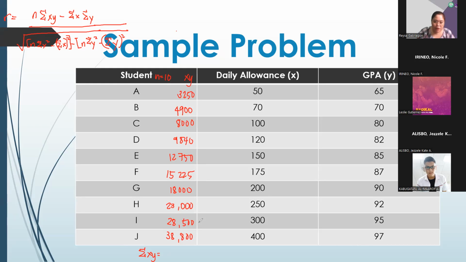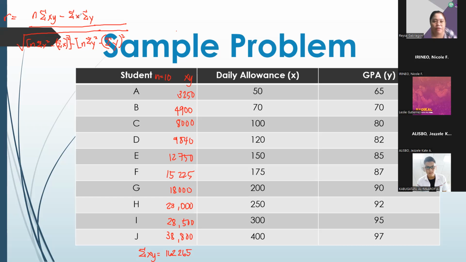So that's a total of 162,265. Ayan. So meron na tayong N, meron na tayong XY.